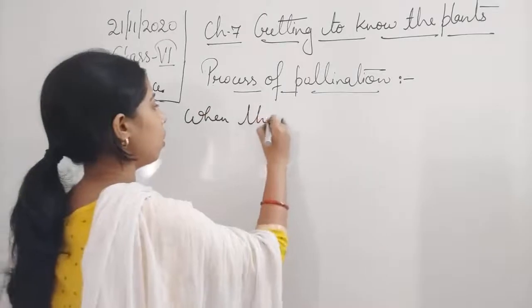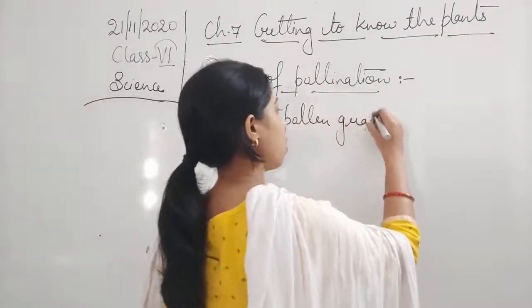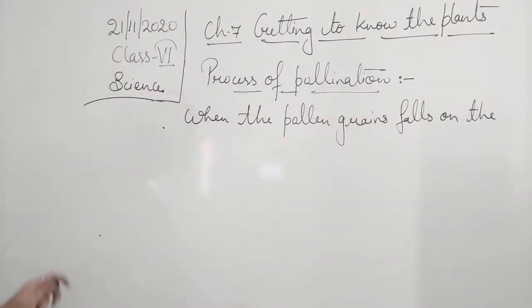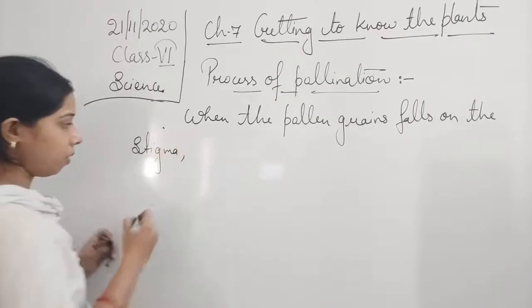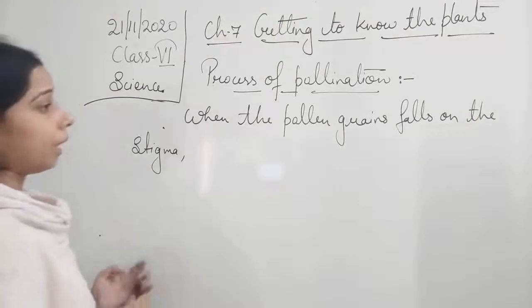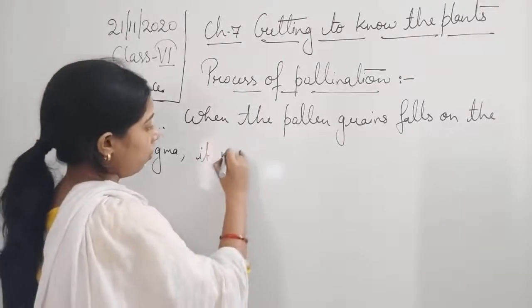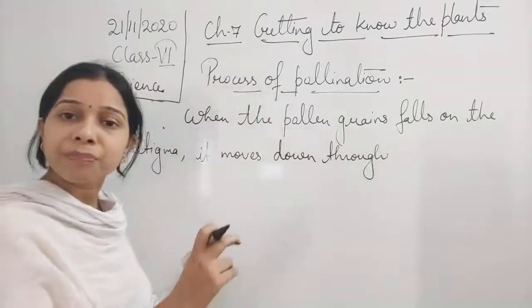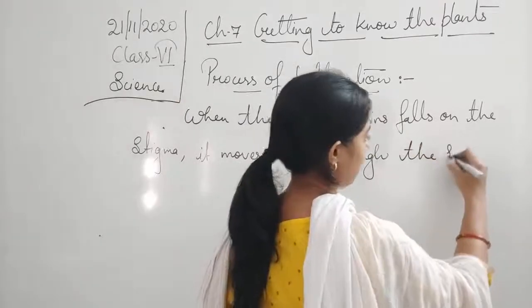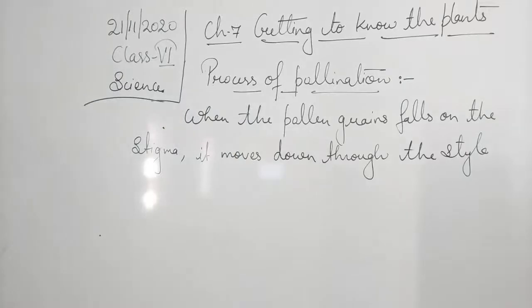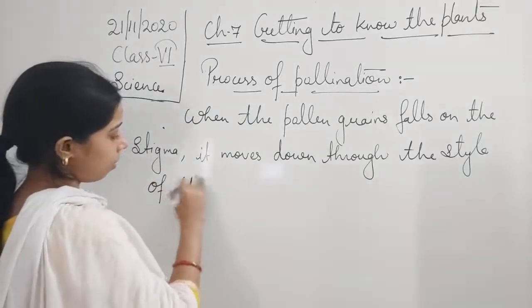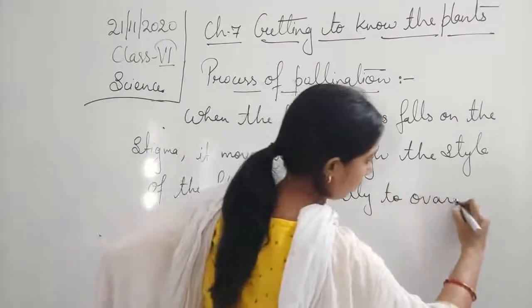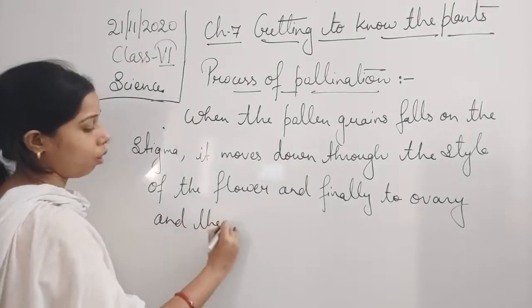When the pollen grains fall on the stigma, they move down through the style of the flower, and finally to the ovary, and then the ovules.